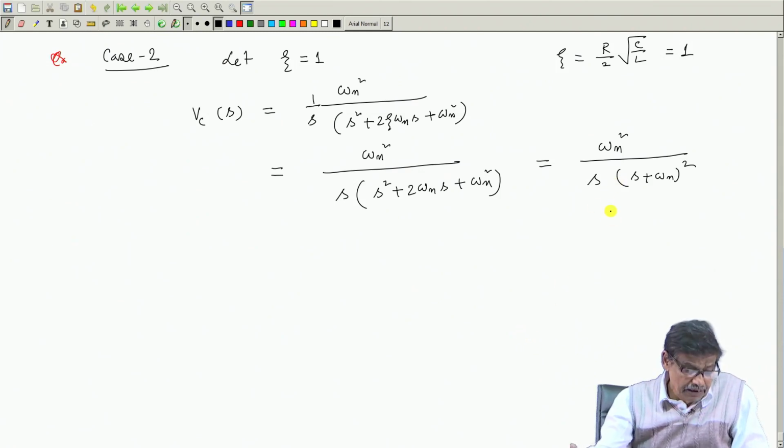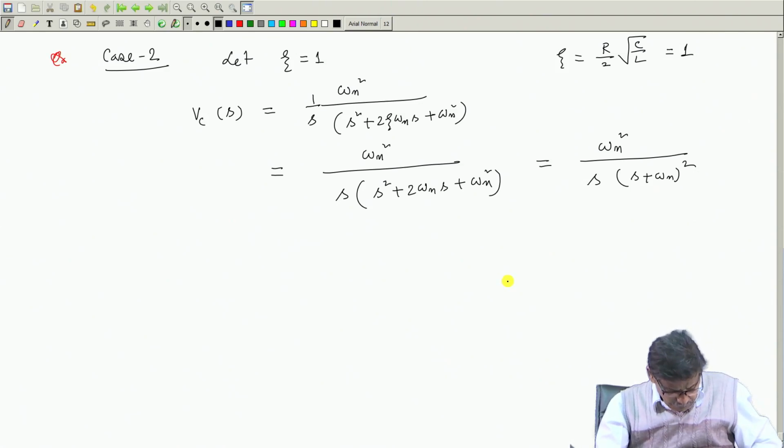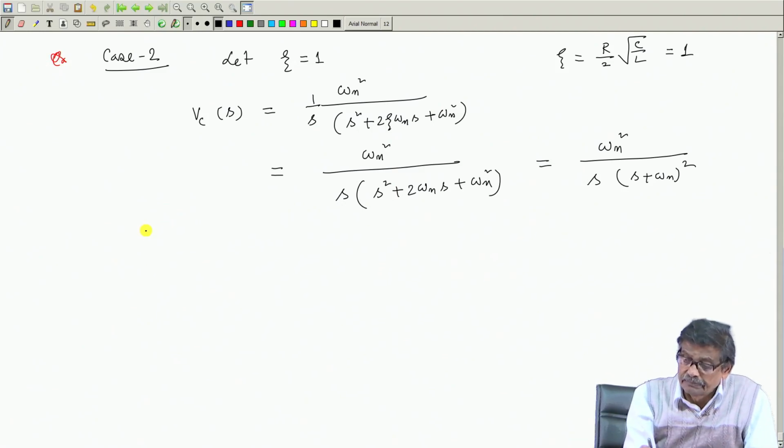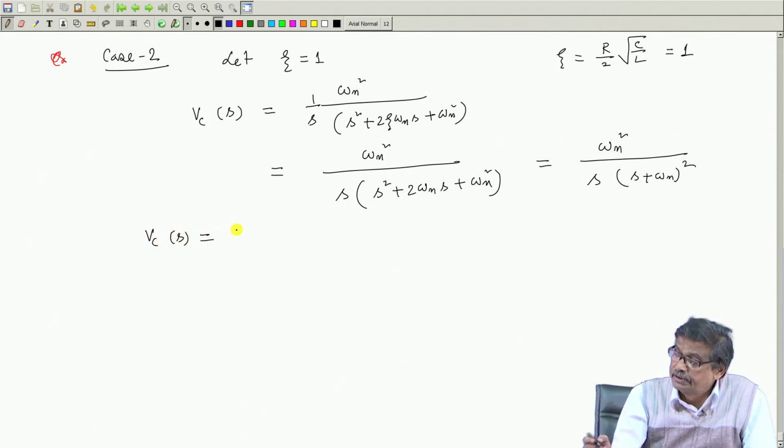This also can be manipulated rather easily in the same way as we have done earlier. So, this of course, I have to find out the partial fraction expansion. Maybe if you can mentally find out, this is fine.